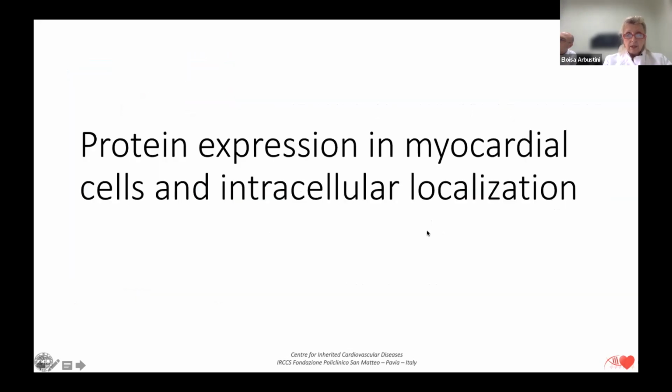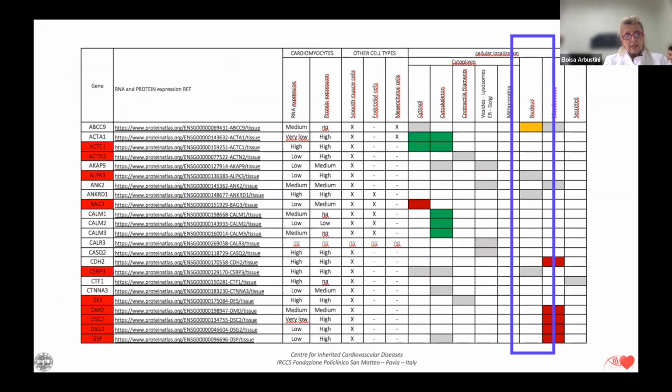I guess we need to very briefly focus on protein expression in myocardial cells and the intracellular localization of the protein expression. I will show you 3 slides. Don't spend time, just look at the list of genes in this column.